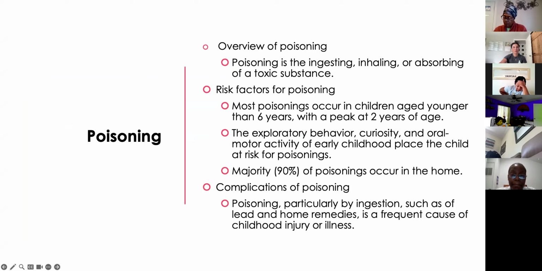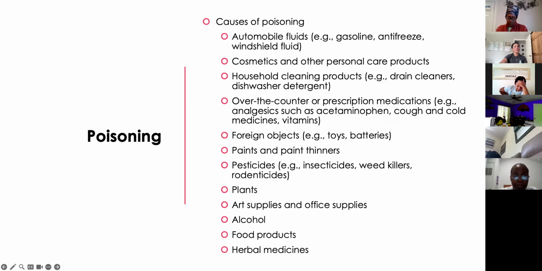Ingestion is the easiest way for us to have an exposure to a poison. So we want to make sure that we are child-proofing our house, keeping all of these potential poisons out of reach and in a locked cabinet, so that we're not putting our kids at unnecessary risk.